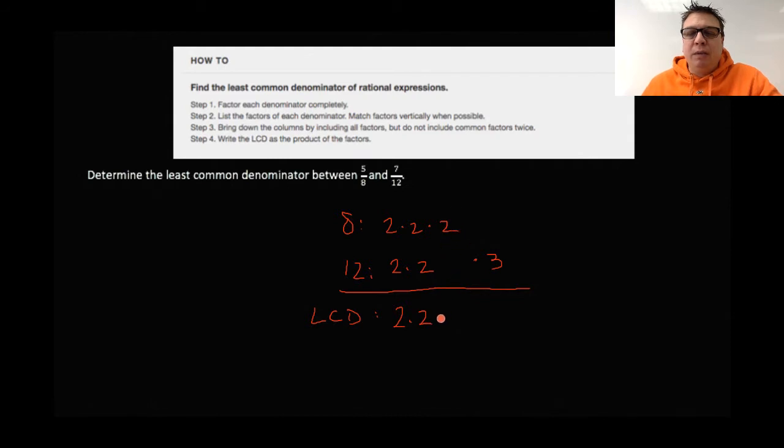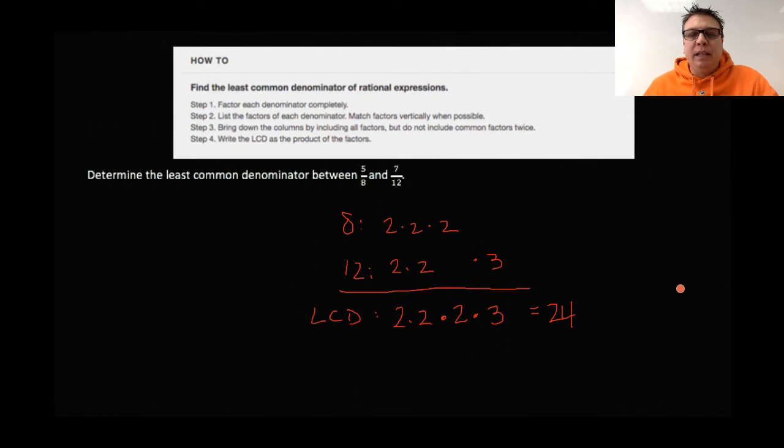This 2 needs to be brought down because it's the least common denominator, meaning I've got to take each factor from each one of the numbers that I'm choosing. So then I'm going to have 2 times 2 times 2 times 3. So the least common denominator of 8 and 12 is going to be 24.